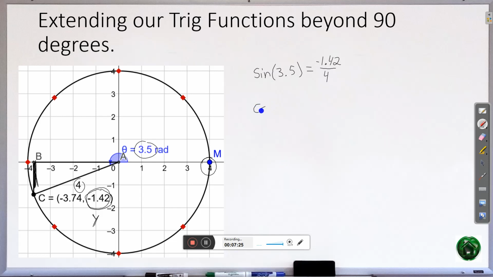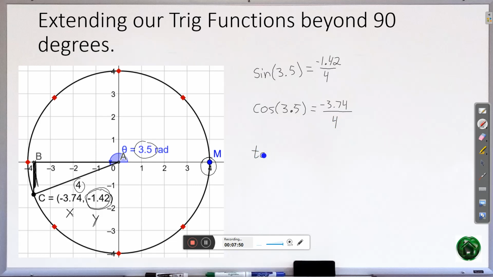All right, then cosine, just so we can practice all the ratios, of 3.5. So our adjacent is our x value, so negative 3.74, divided by our hypotenuse, which is again 4.